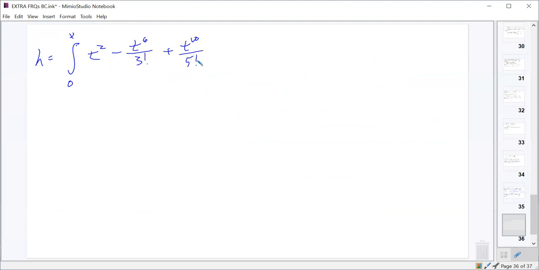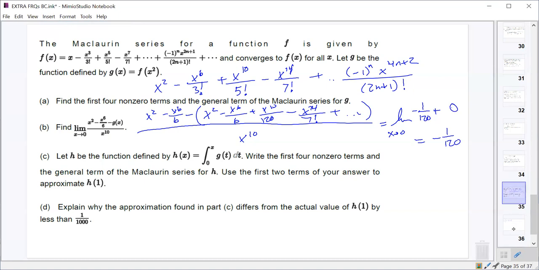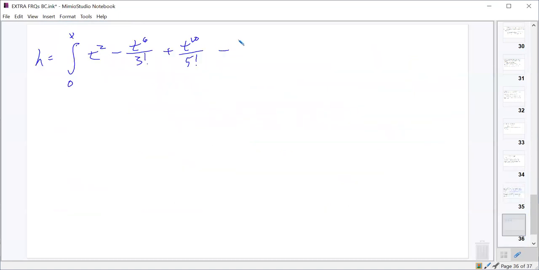We wanted 4 non-zero terms, I assume, again? Yeah, okay. So minus t to the 14th over 7 factorial plus, and we had a negative 1 to the n, t to the 4n plus 2 over 2n plus 1 factorial.